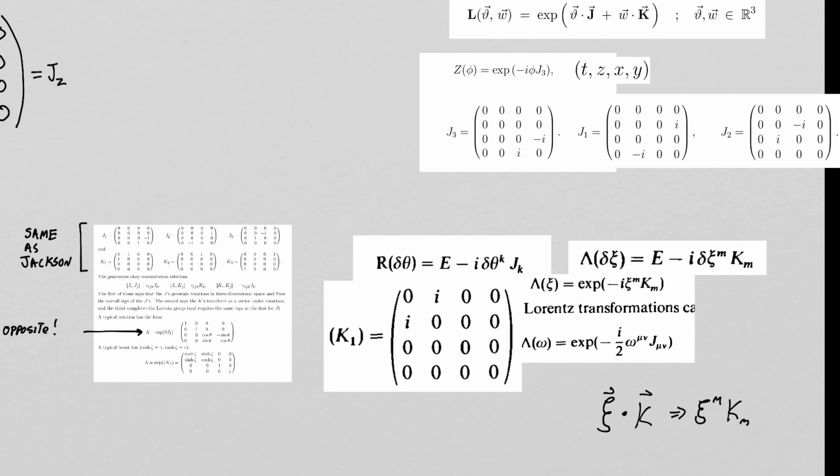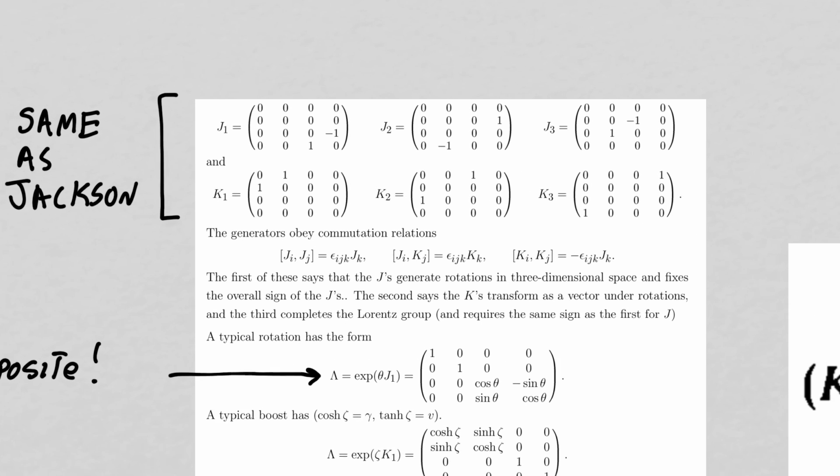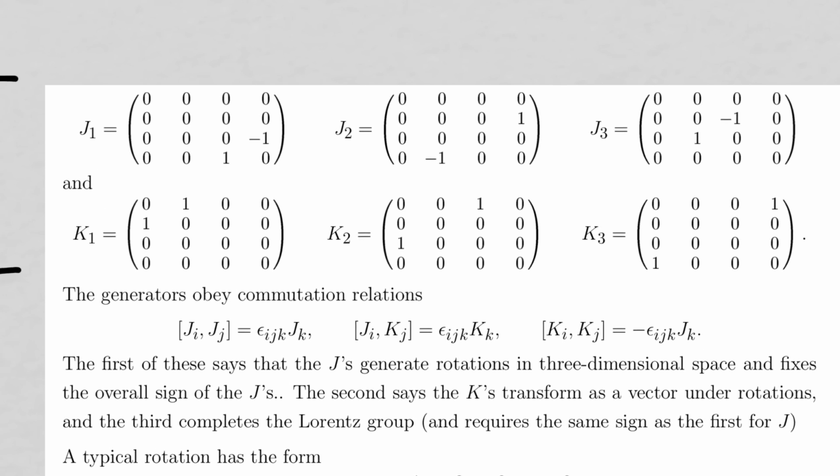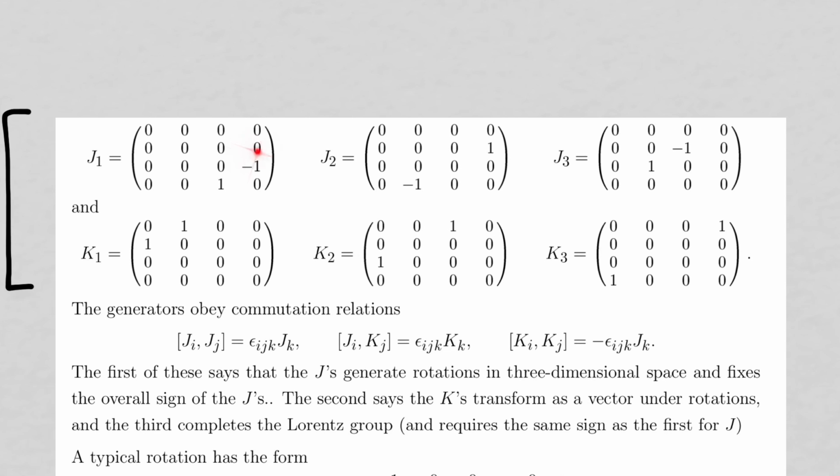Anyway, ultimately, Jackson is sort of the model we're following. What does Jackson do? Jackson chooses these matrices for the generators, and he just states that these are the common generators that are used. Notice he does not pull out an i, obviously. But notice the signs: we got minus ones here, we would have had minus ones had we done these boosts, and he uses just positive ones.